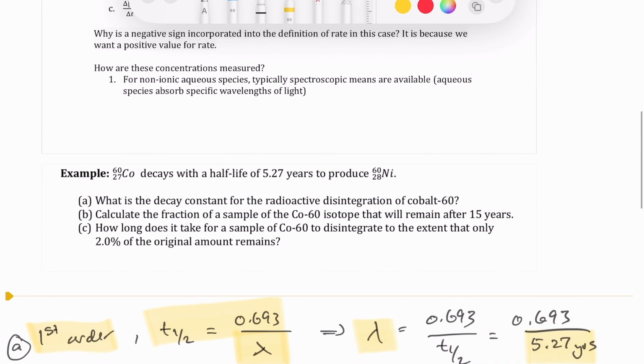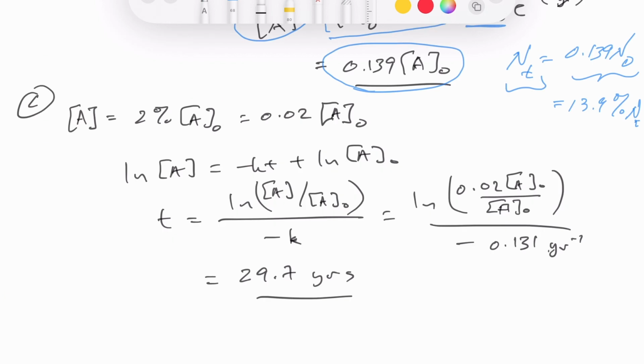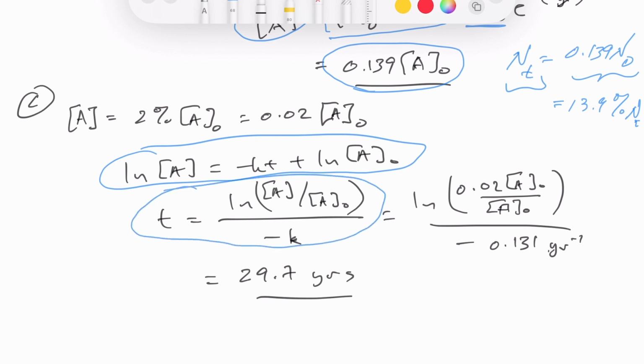The last question says, how long does it take for a sample of the isotope to disintegrate to the extent that only 2% of the original amount remains? Now we want to know time instead of the amount that's left. So if you want to know time, start with the same first order equation, except that now we are solving for time, which would make it look like that. t is equal to ln of A over A naught divided by negative k.